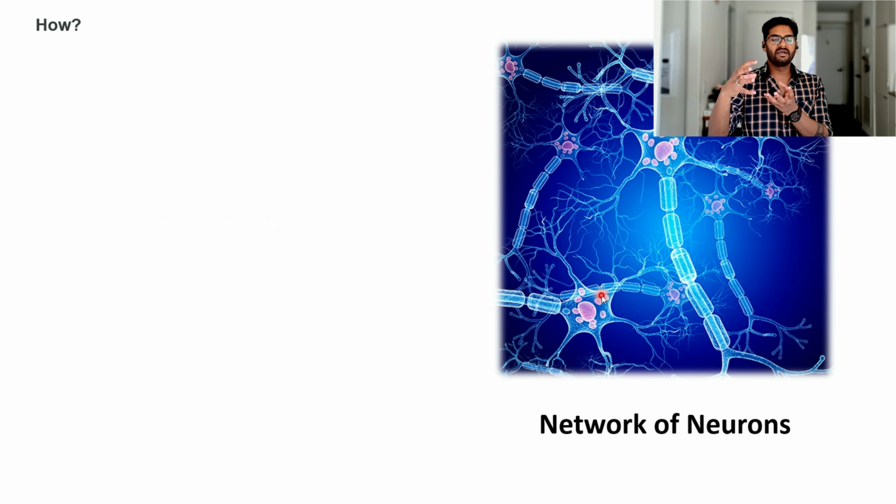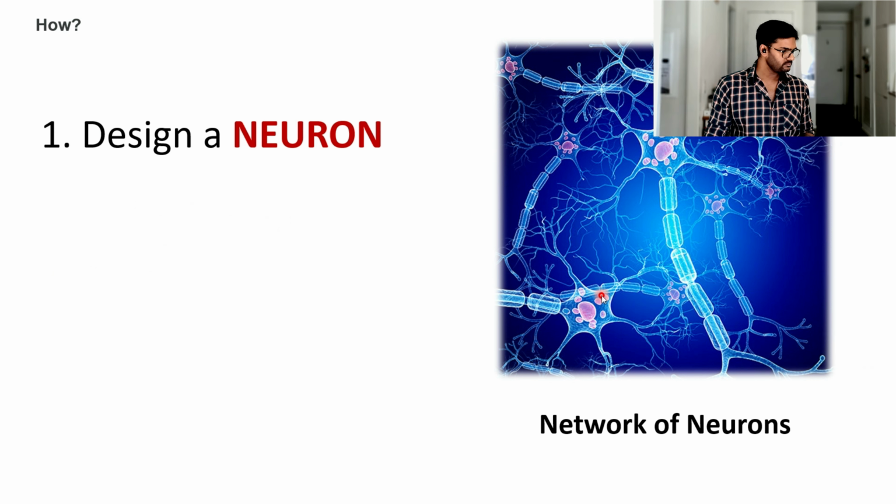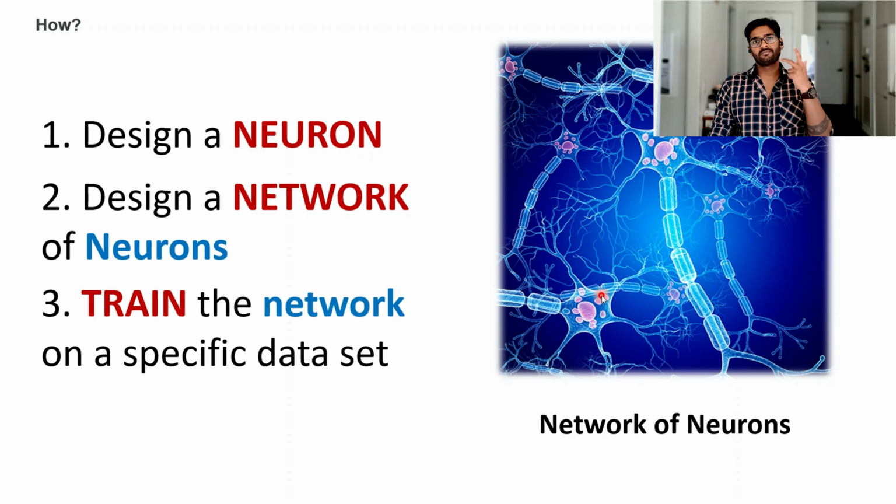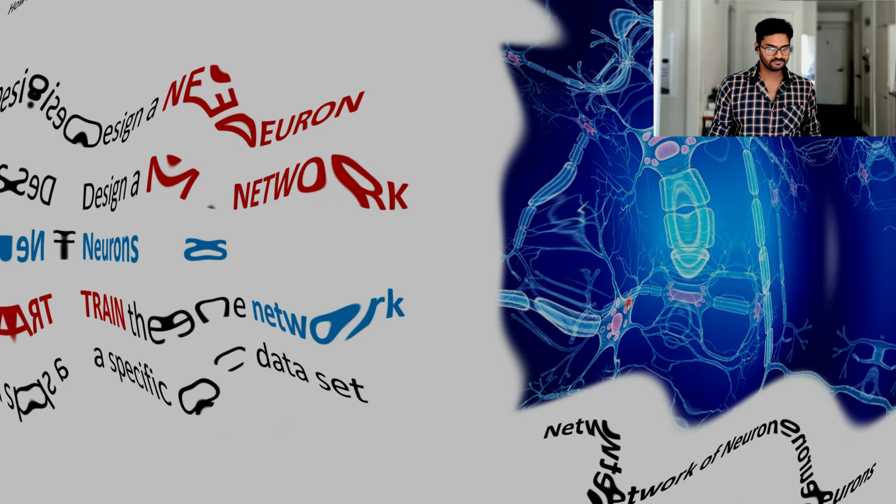And the second step would basically be to train it, give it some data, and let it learn from the data. So this is what we would ideally like to do when we are building an artificial neural network. So step 1 is to design a neuron. Step 2 would be to design a network of neurons. And as I said, step 3 would be to train that network of neurons on a specific set of data to perform a specific task.